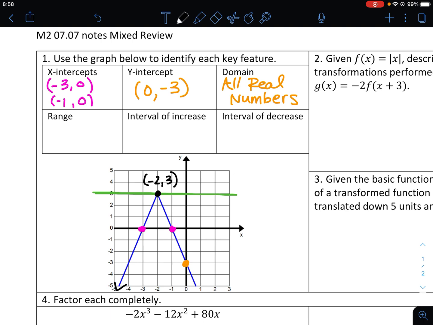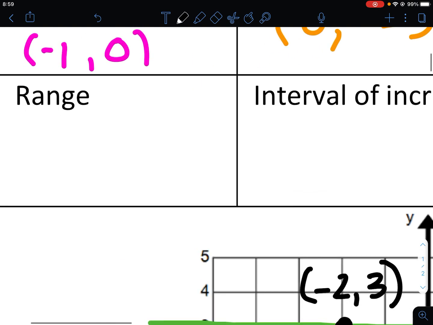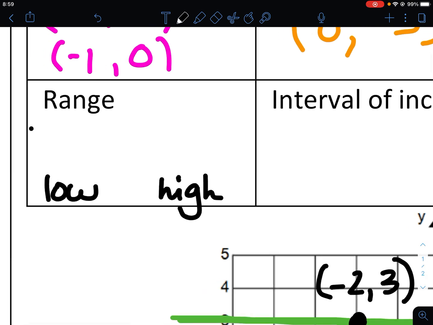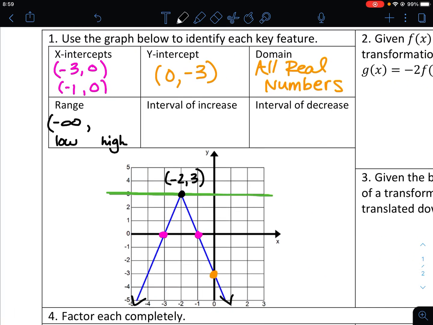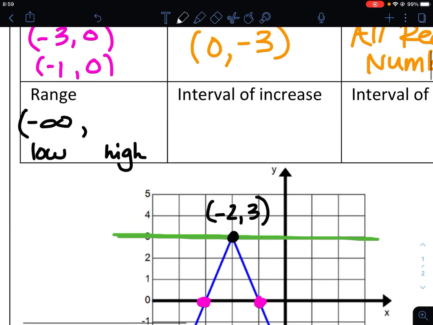Since we're going lowest to highest, there is no lowest point. That graph goes down forever and ever. So at the very bottom of our graph, we're going as far as we can down to -infinity. It's never going to stop at the bottom. But as we move up, that graph stops at a y value of +3. Be careful that you're looking at the y values for your range.